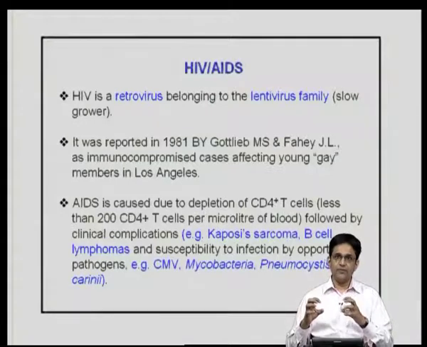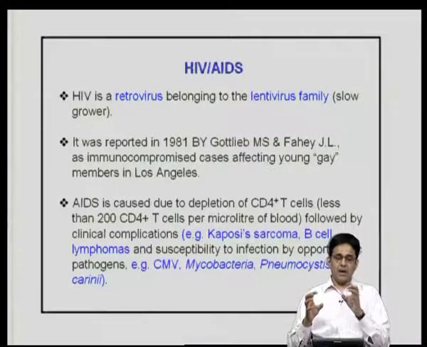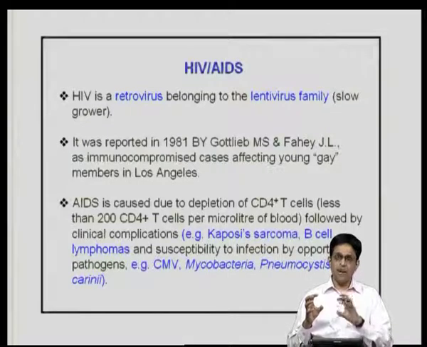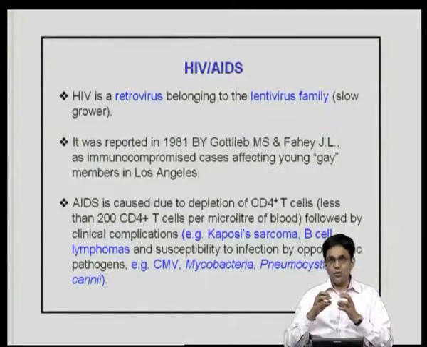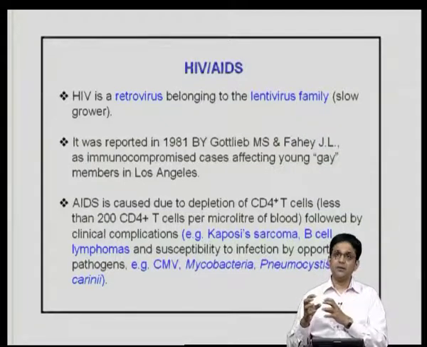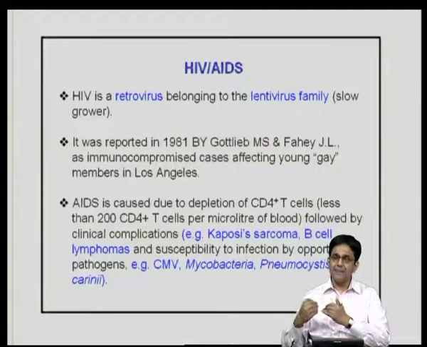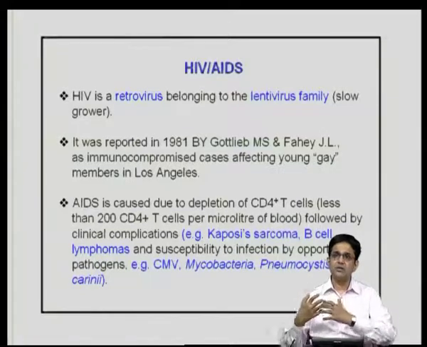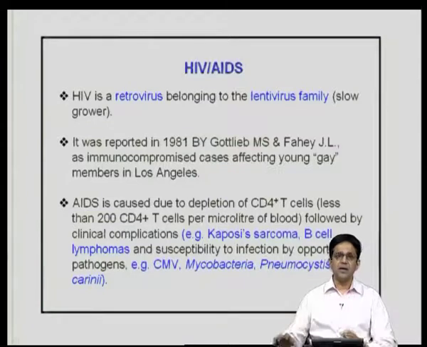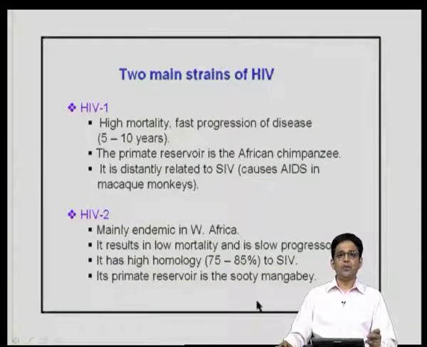So it is very important to understand that whether you are HIV positive or negative depends on detection by RT-PCR or ELISA, and your CD4 count can be determined using specific antibodies and flow cytometry. Once your CD4 count drops, that is when you start becoming susceptible to tumors and other common infections that occur. Okay, very important for students to pay close attention to this.